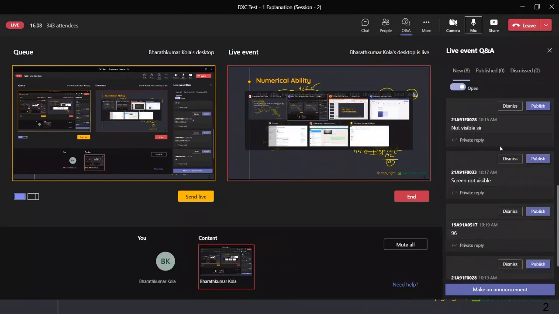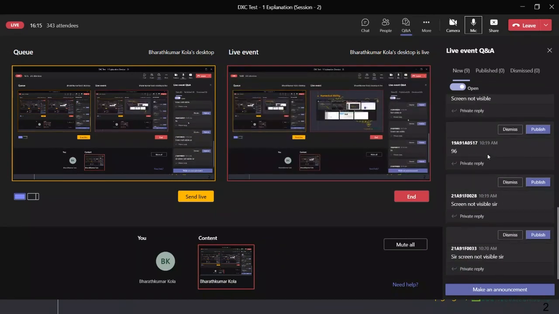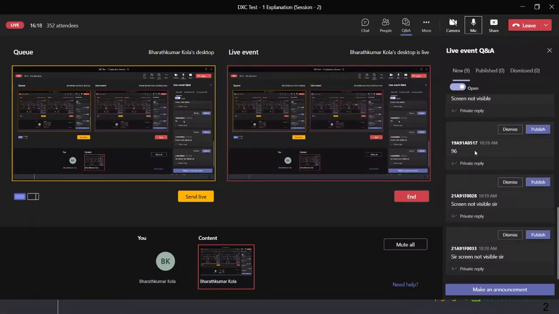96, right? Guys, the screen is not visible. Guys, once confirm for me, is the screen visible or not?